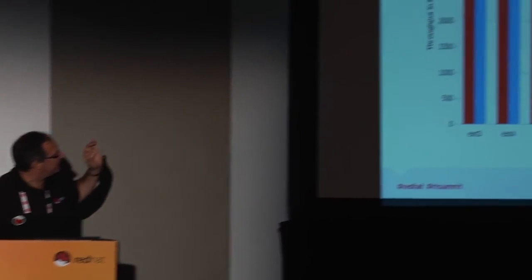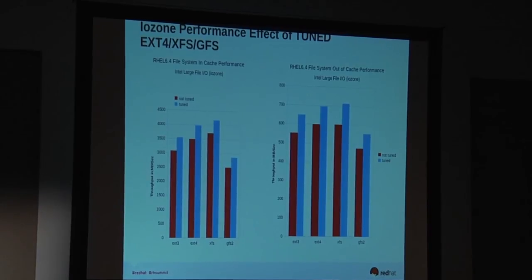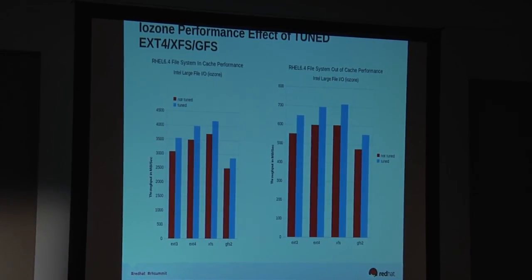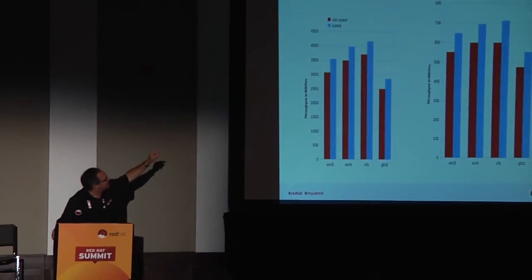I did want to just revisit again the TuneD because we spent some time. I think the slide's a little out of order, but you see again the difference between running TuneD enterprise storage on various file systems, and it's a clear win on most of these I/O zone workloads that are using a geometric mean on 14,000 data points for each bar, and higher is better. The left column is the in-cache values.